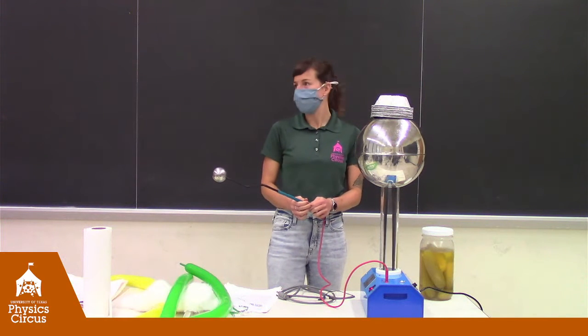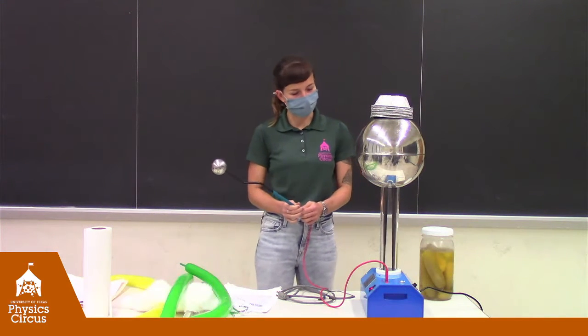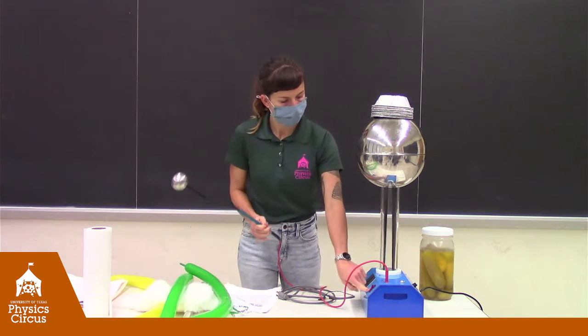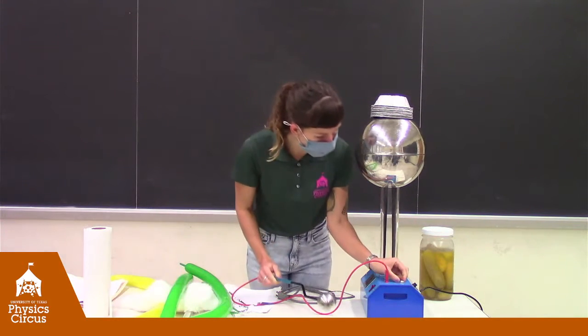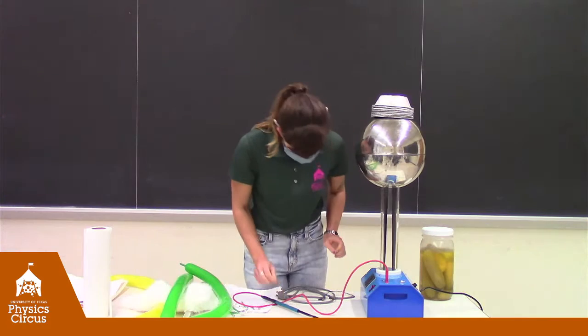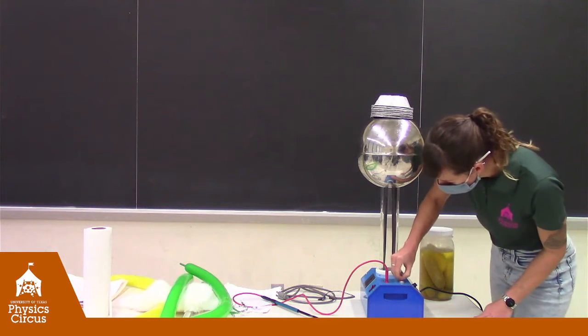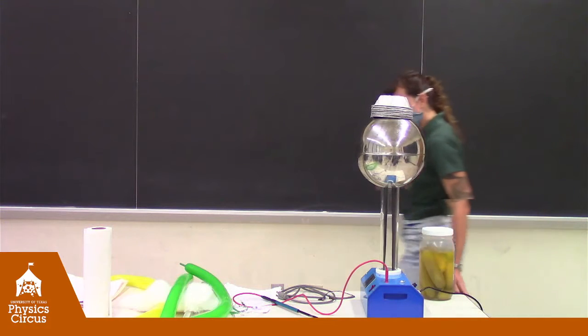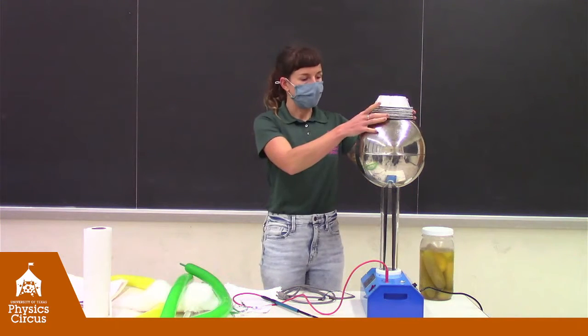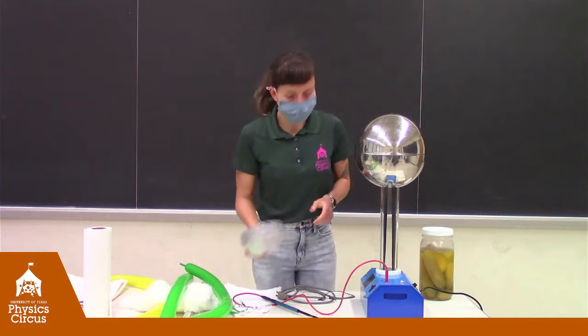Okay, gotta charge up a little bit. I actually think we might be able to increase the speed of the belt. We have a little tool to do so. Okay, we also have some smaller pie tins.